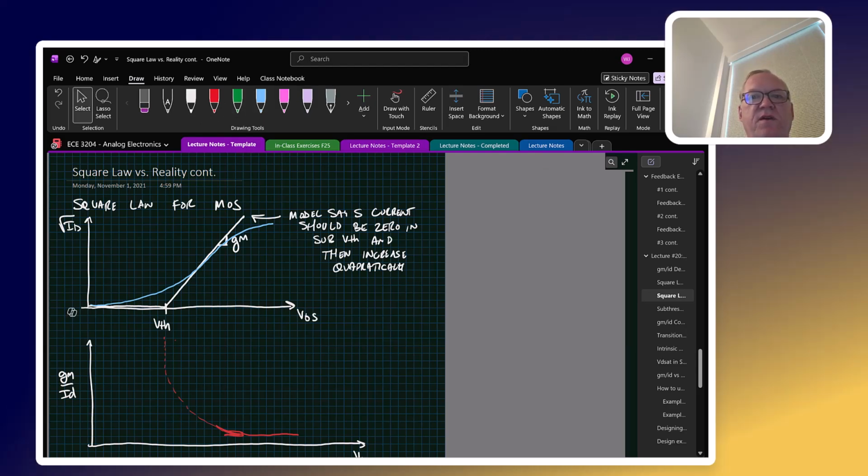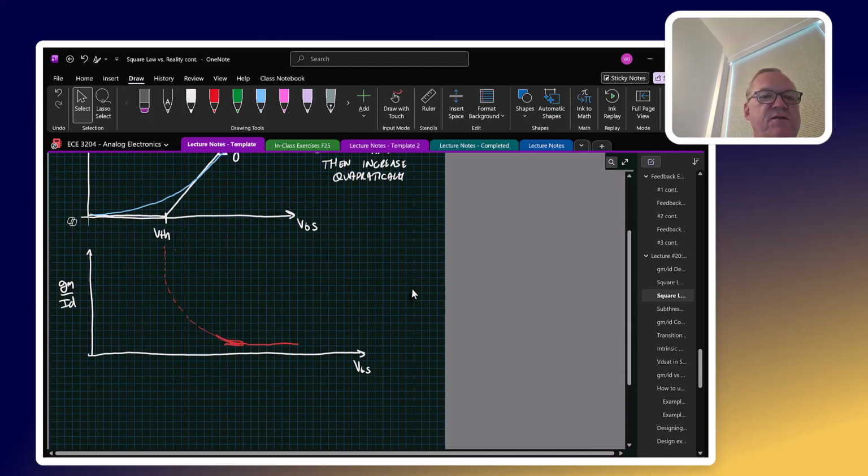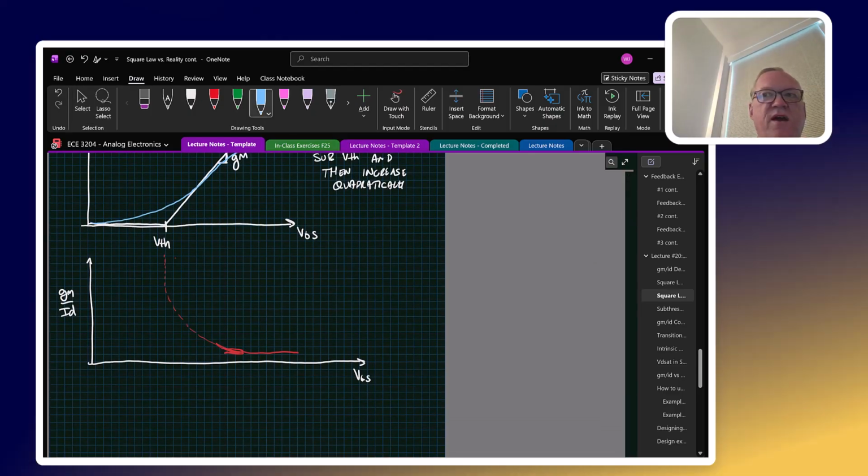So if we go back now and think about this compared to a bipolar device. So we said on the prior slide that a real MOS device is GM over ID. It looks something like this.